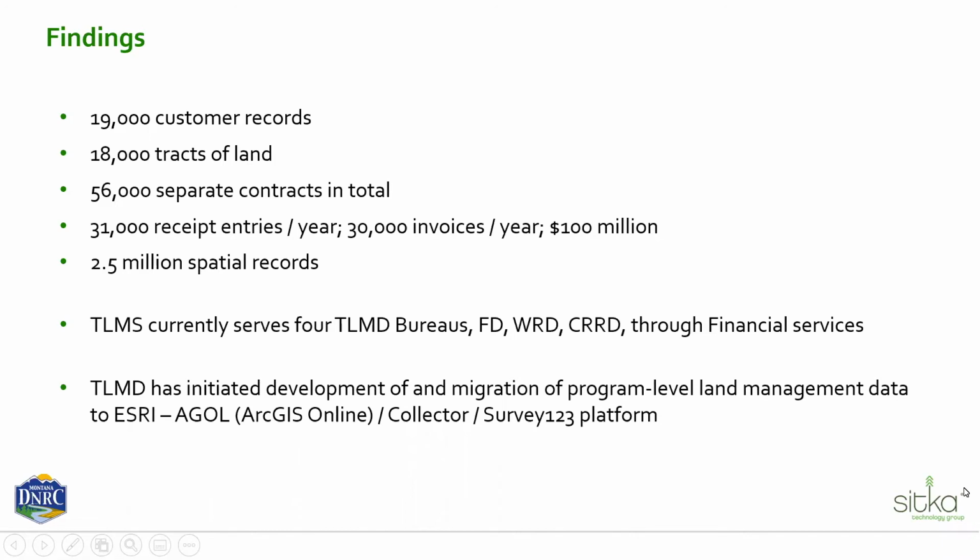Every payment coming into the Department of Natural Resources goes into the TLMS system to track that money. And we just have the other divisions listed there in that second to last bullet: Forestry Division, Water Resource Division, Conservation and Resource Development Divisions.